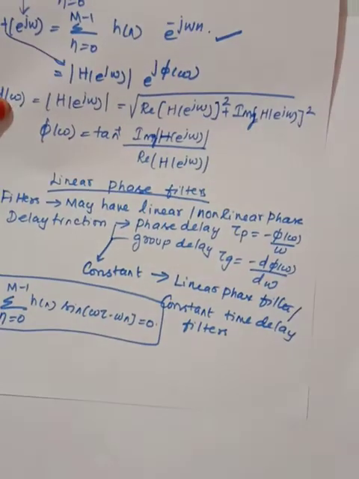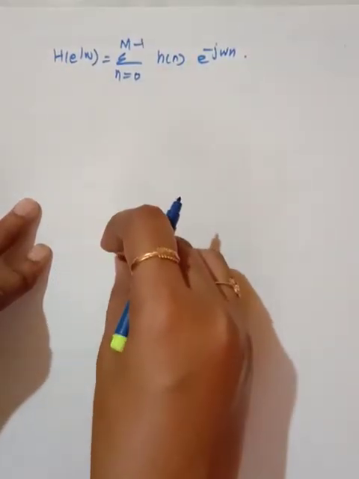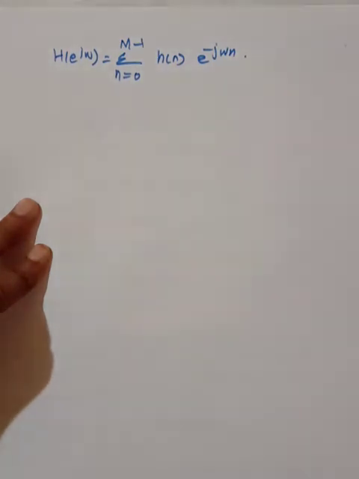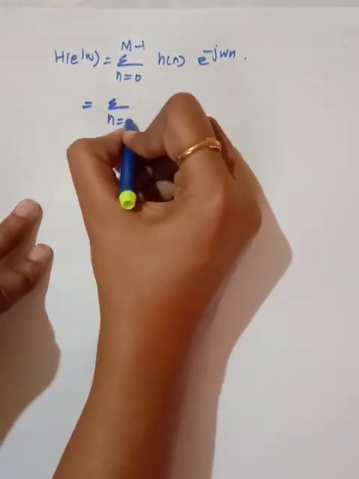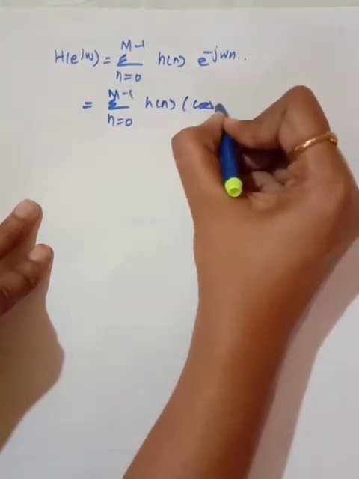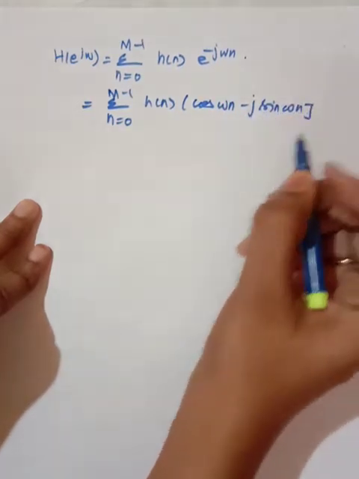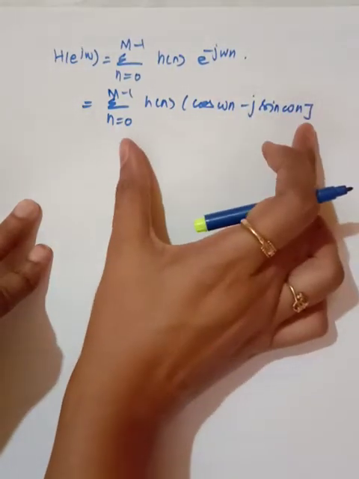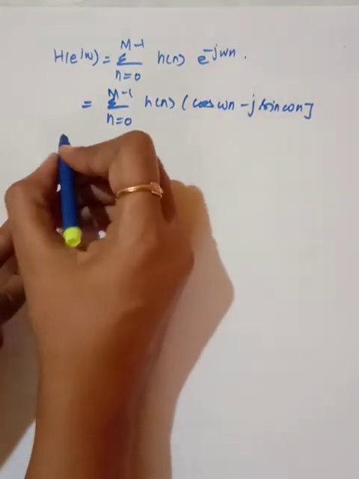We know that e power minus j omega n can be represented as cos omega n minus j sin omega n. I am going to expand this and find the magnitude and phase response.